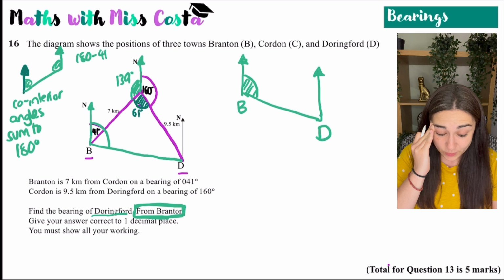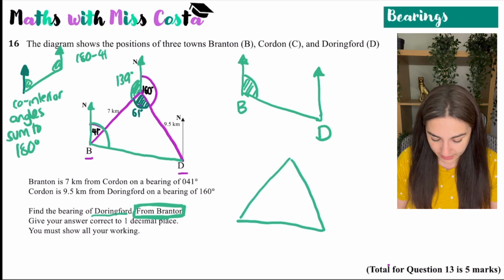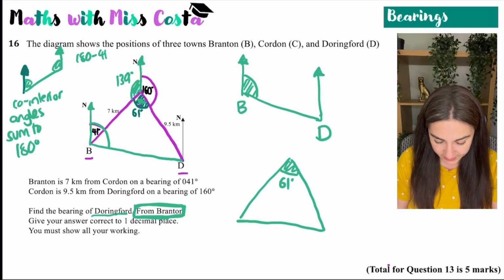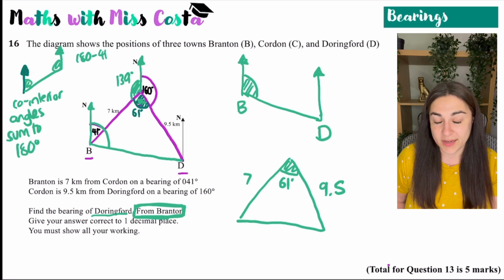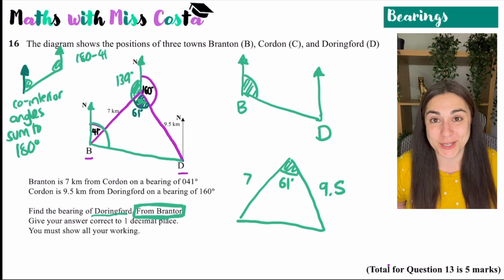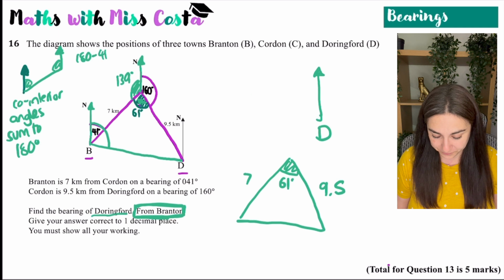So in order to do that, I have formed a triangle here, and I know this angle here is 61 degrees because it's over here. I know this side here is 7 and this side here is 9.5. So I am going to have to use some advanced trigonometry to help me work the next steps out.